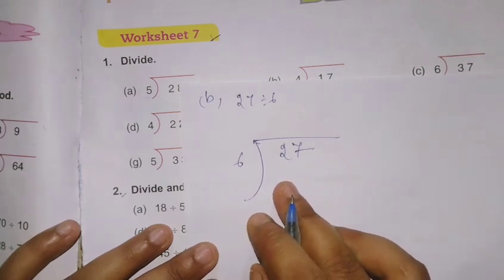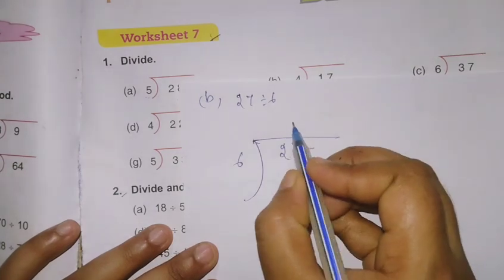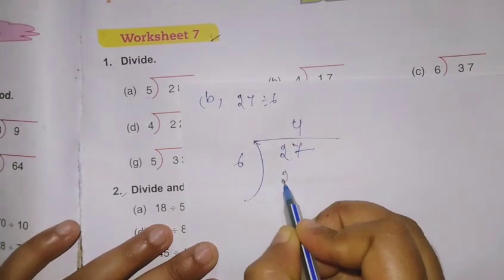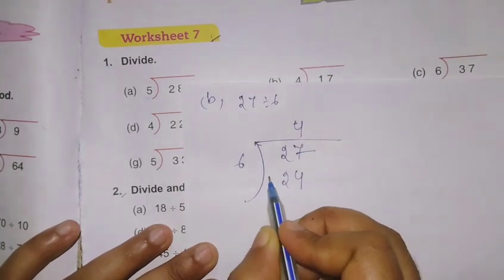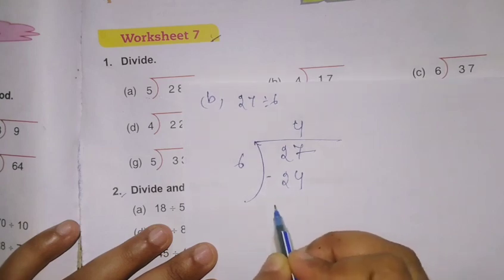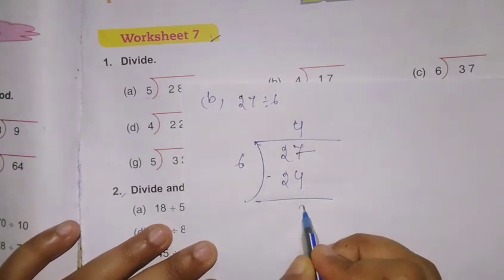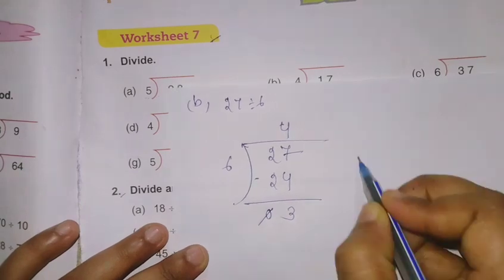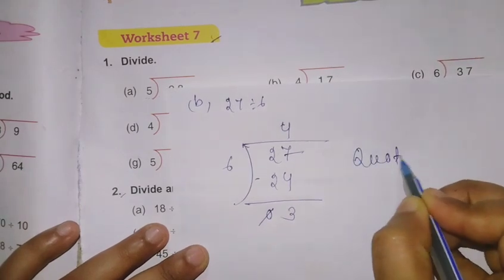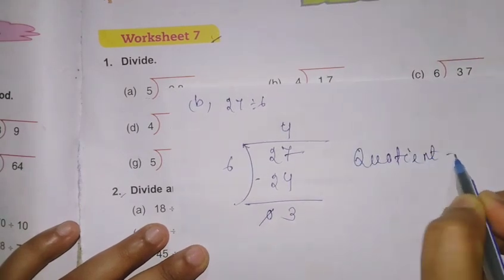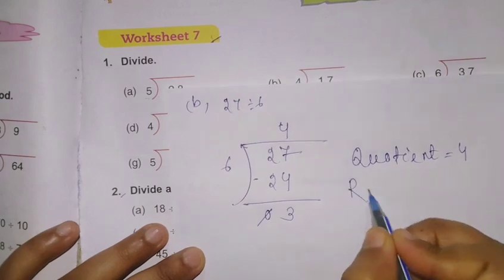Then 6 fours are 24. Now subtract this product from the dividend. 7 minus 4 equals 3, 2 minus 2 equals 0. Here quotient equals 4 and remainder equals 3.